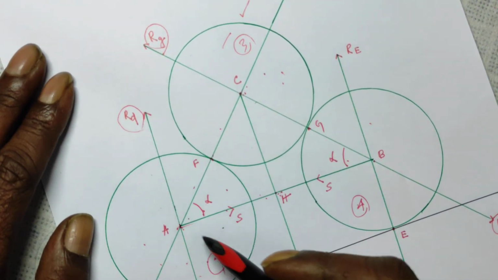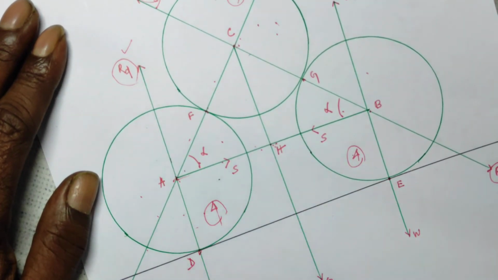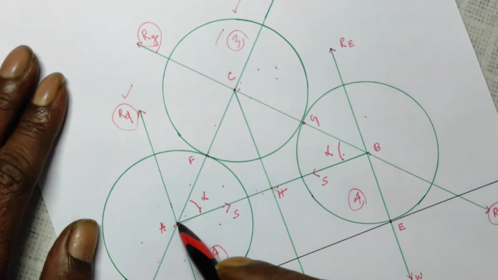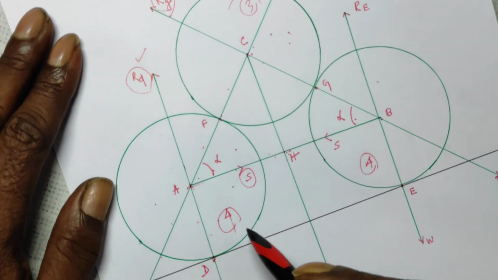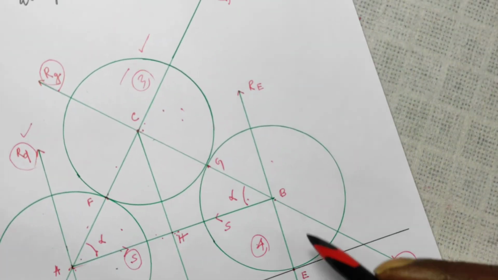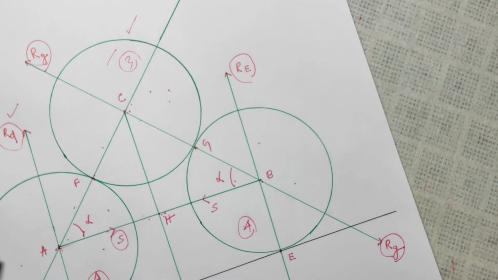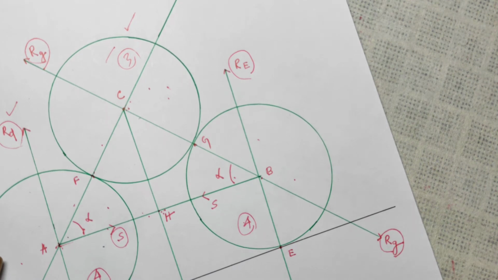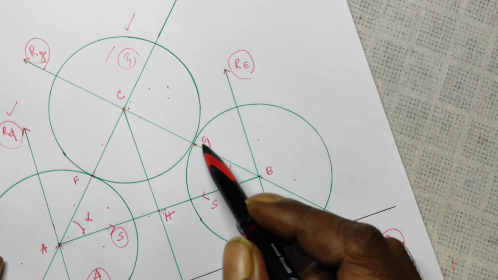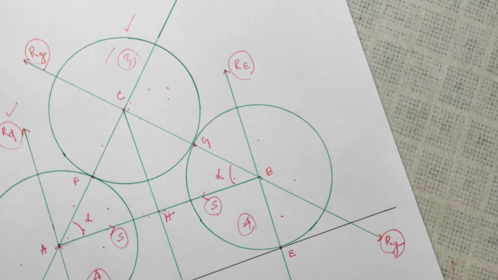So 1 is the reaction force RD, 1 is its weight W, 1 is S, and 1 is RF. There are 4 forces. Similarly, for this one, 1 is the reaction force RE, 1 is the weight W, 1 is your RG, the reaction force here, and 1 is your S. So for this cylinder also there are 4 forces.